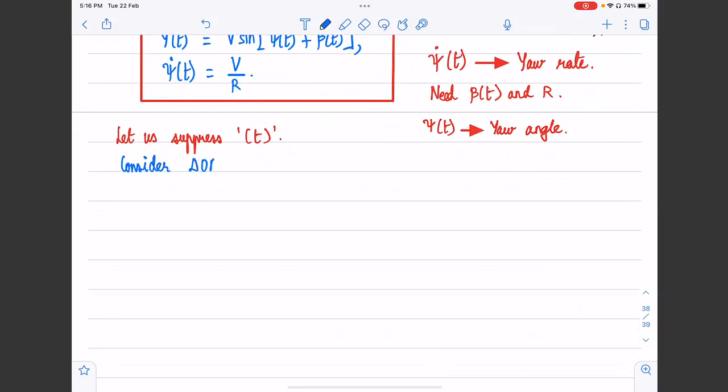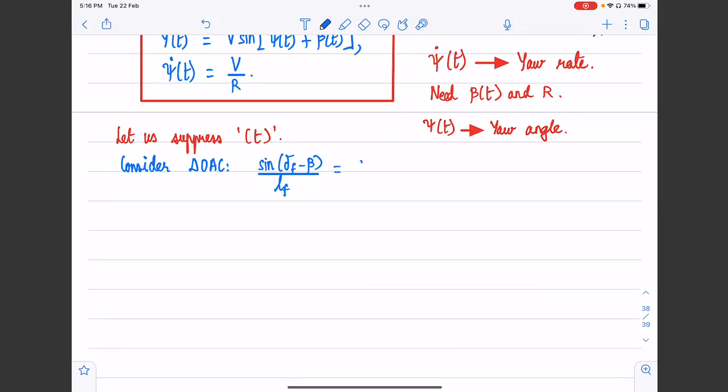Triangle OAC. If we consider triangle OAC, what's going to happen is the following. As we discussed, sine of (delta f minus beta), as I told you, I'm suppressing time, so it's understood that delta f and beta are all functions of time, whereas LF is a constant.